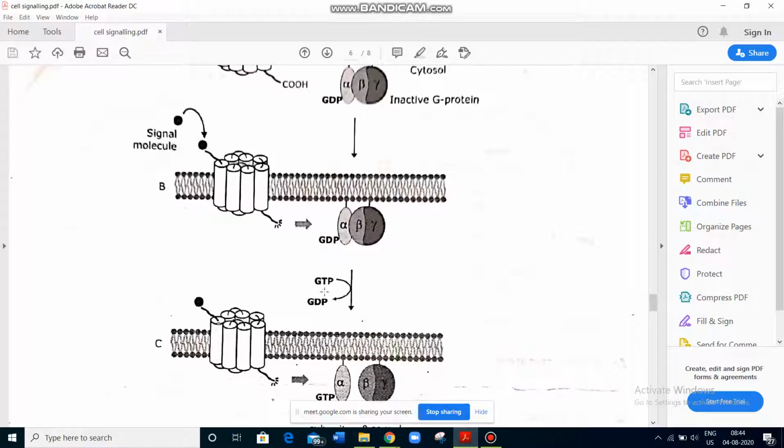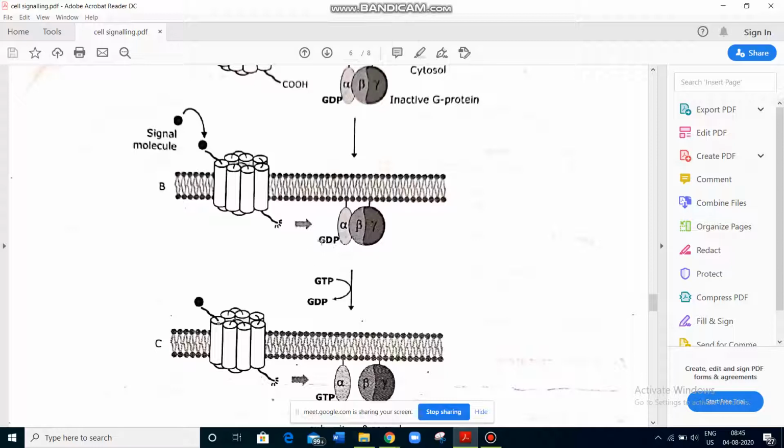So GTP can easily bind to the GDP binding site by replacing the GDP, or where there is no GDP bound, it will directly bind to the G protein.